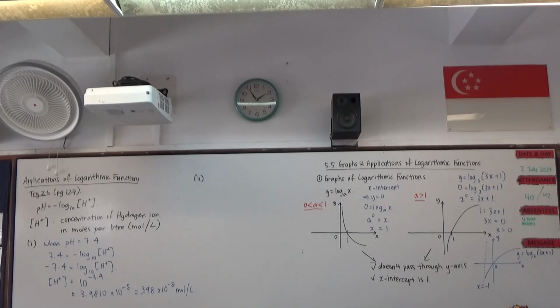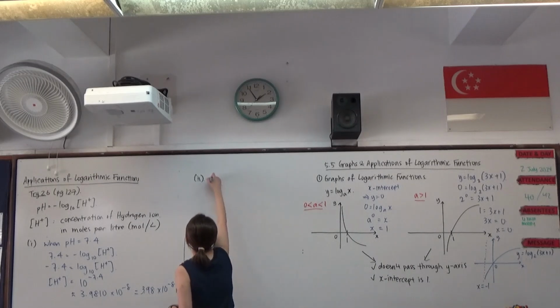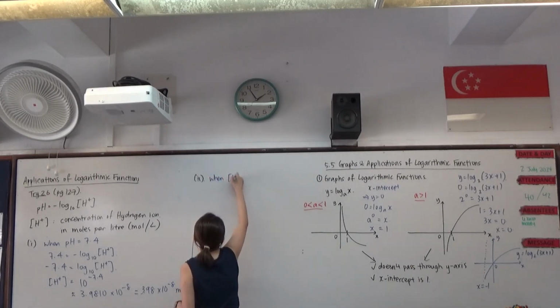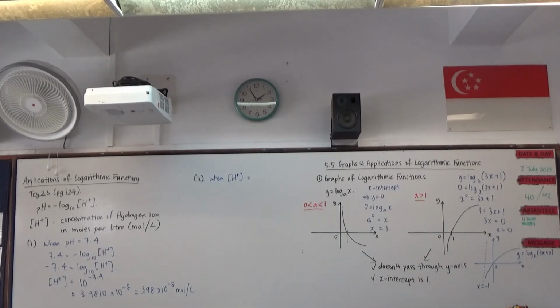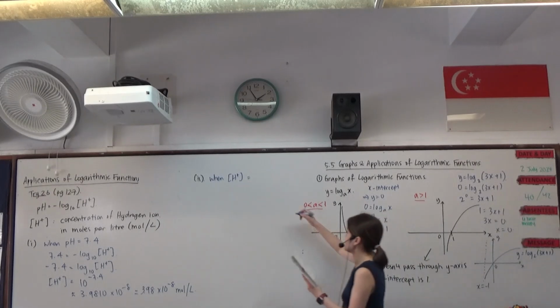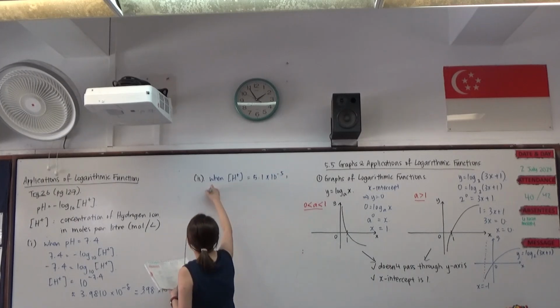Okay. Black coffee has a hydrogen ion concentration of 5.1 times 10 to the power negative 5 mole per liter. What is the pH level? Is black coffee an acid or a base solution? Okay, so we will just have to let the hydrogen ion concentration be 5.1 times 10 to the power of negative 5 to calculate the pH.